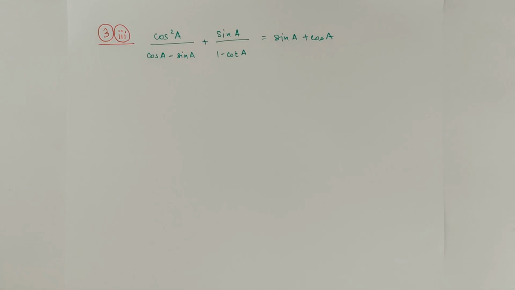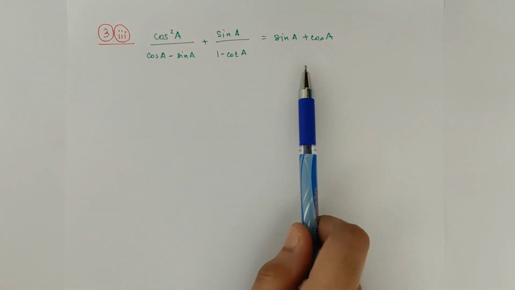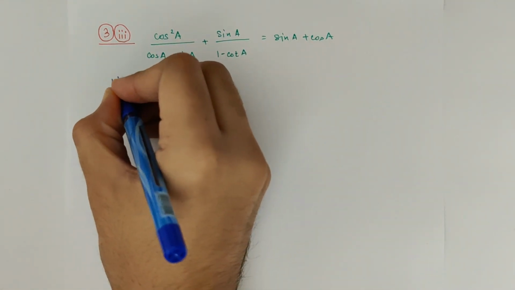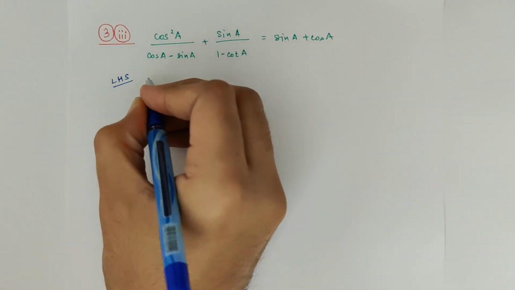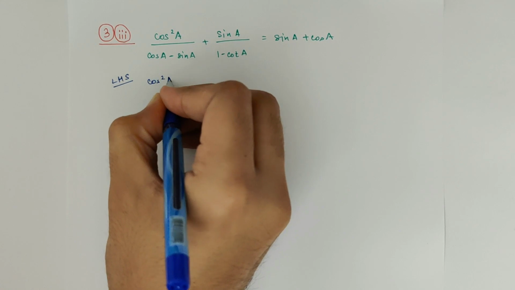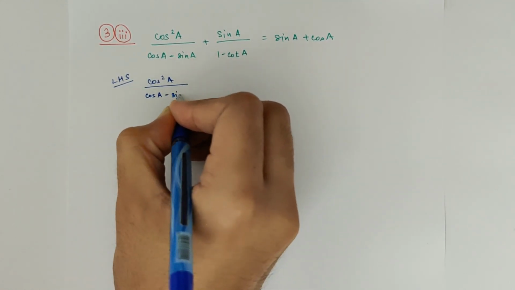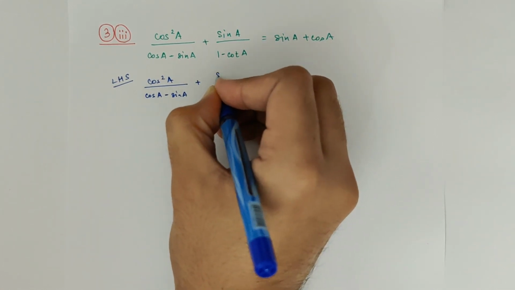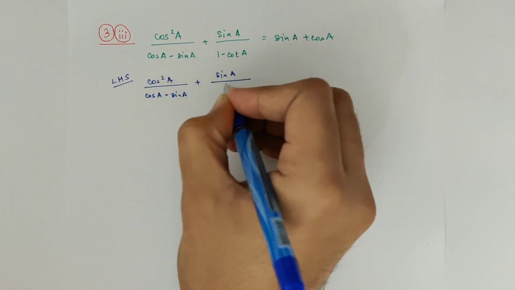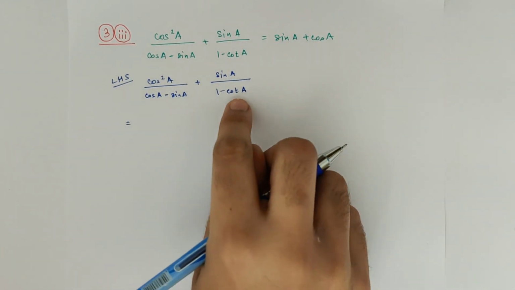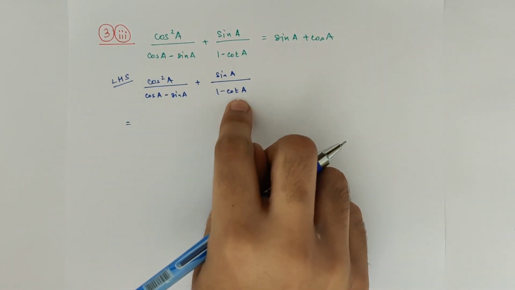Over here guys, we have to prove LHS is equal to RHS. So we will start with LHS, the left hand side. We have cos square A divided by cos A minus sin A plus sin A divided by 1 minus cot A. What we will do is convert this cot to cos by sin.